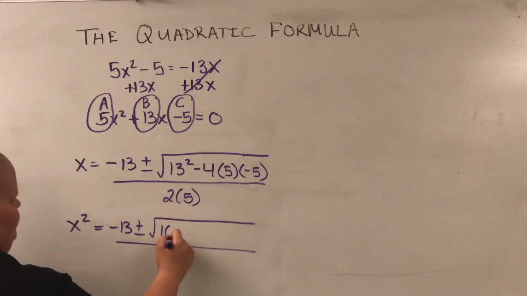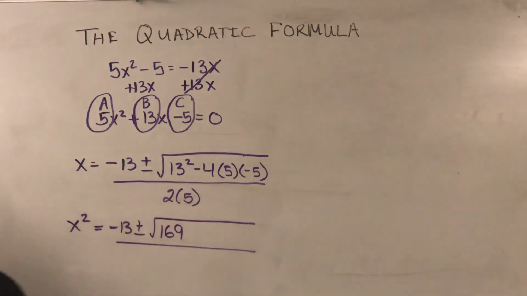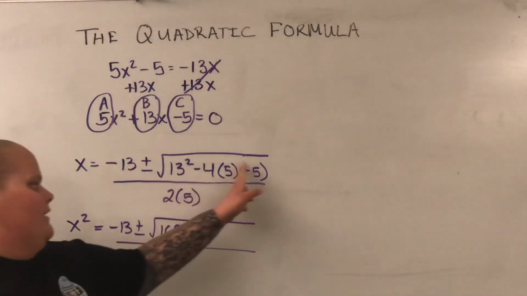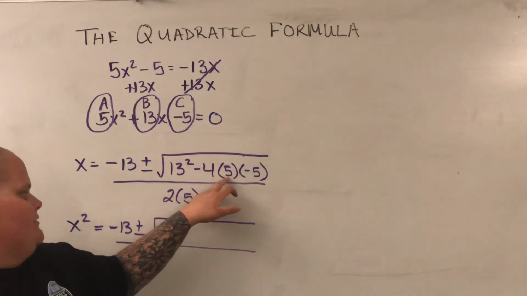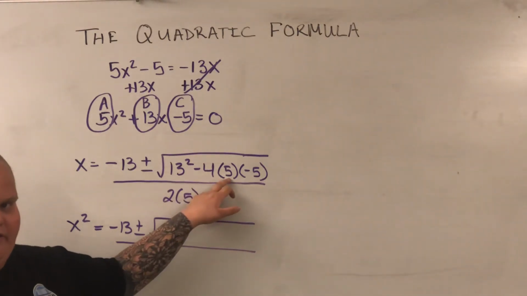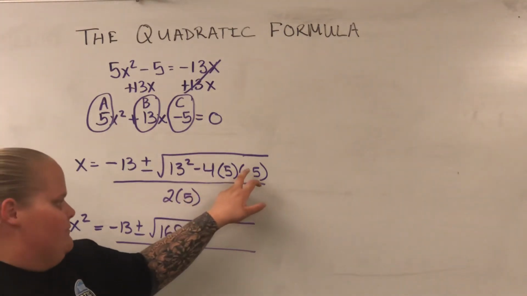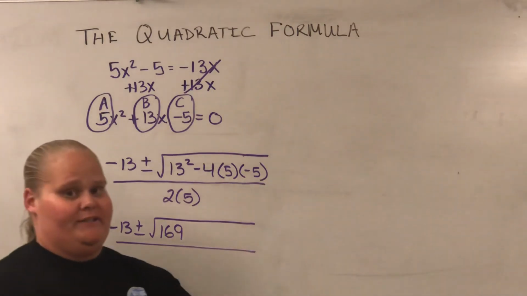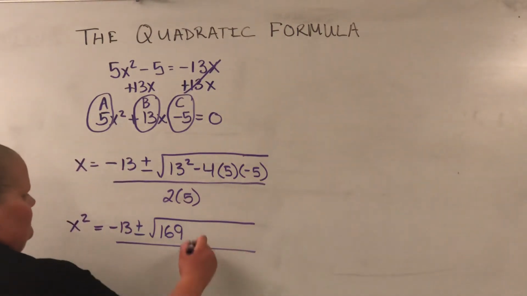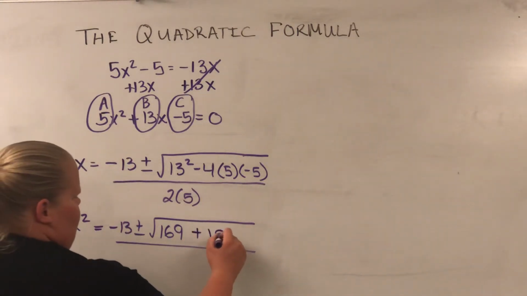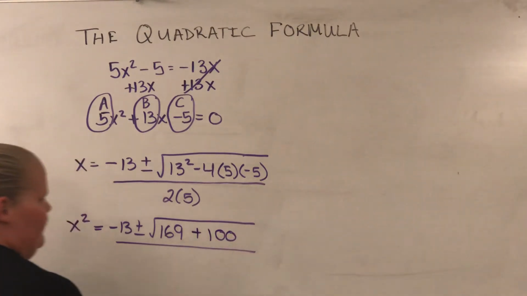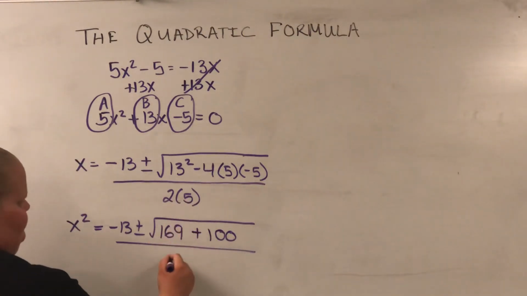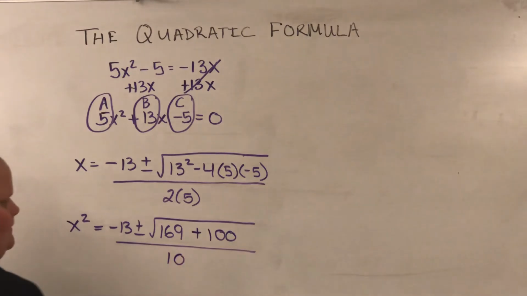13 squared is 169. And then we have to worry about what's left. Negative 4 times 5, that's negative 20. Negative 20 times negative 5 is going to be a positive 100. Okay? And then on the bottom, I have 2 times 5, that's going to be 10.